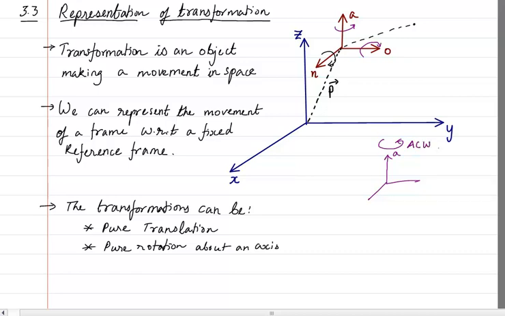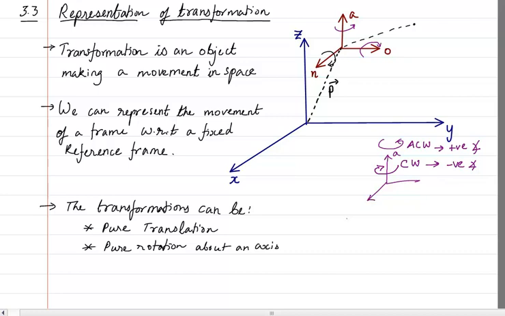And anti-clockwise is always taken as a positive angle, whereas if the direction is clockwise, where we look from the top, so it is going to be clockwise, and clockwise is always taken as a negative angle.